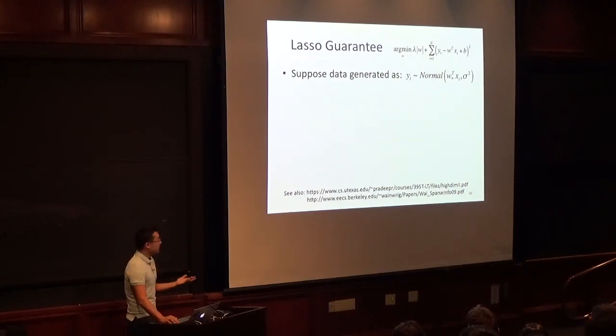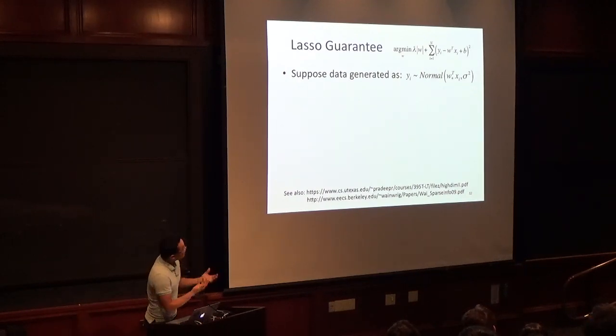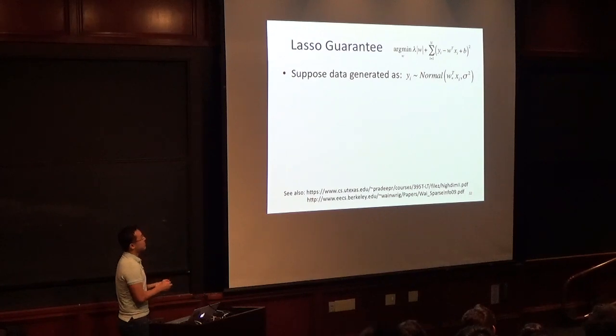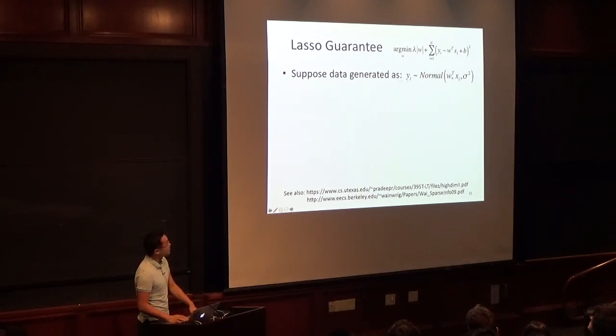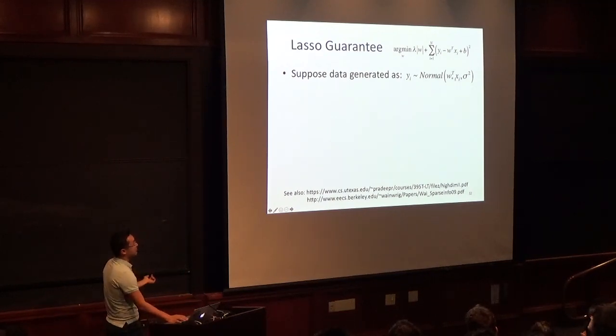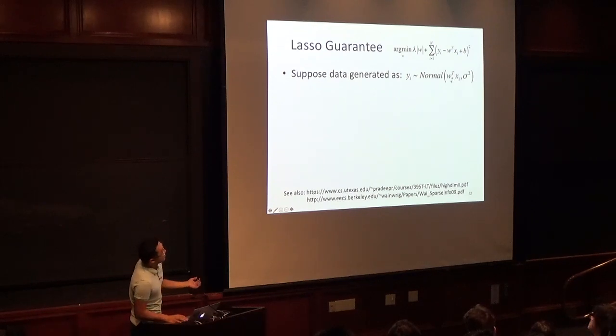So here's a flavor of a relatively classical, but still interesting, guarantee. Suppose that we have data generated according to this distribution. Y is just a Gaussian corrupted observation of some W star transpose X, where W star is sparse.